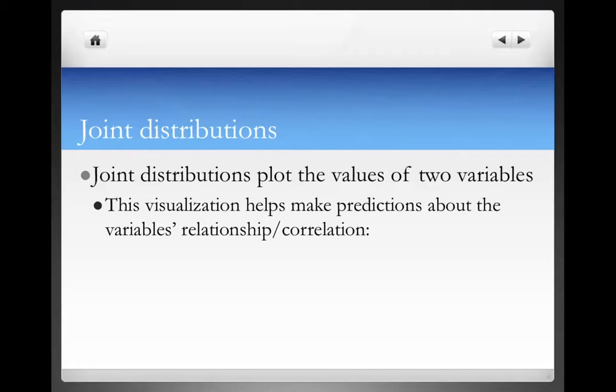A common tool for looking at the joint distribution is what's called a scatter plot. We saw some scatter plots on Monday, and I'm going to show you how to create those in Stata.